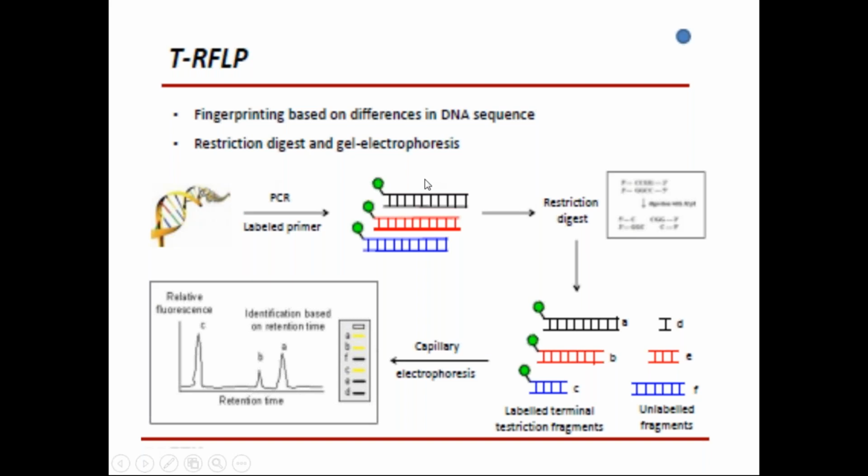Suppose we consider there are 3 different types of bacteria in our sample. These 3 different genes will be amplified during the PCR reaction, and all 3 fragments are already labeled with the green fluorescence. But if these 3 fragments show variation from each other, then these fragments are able to separate within the gel.